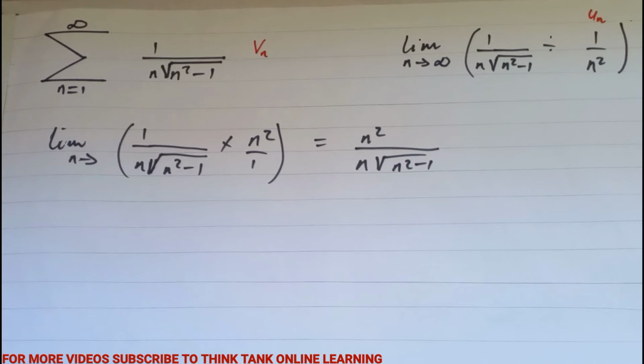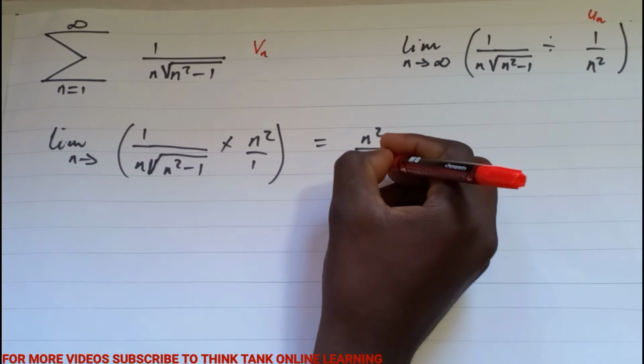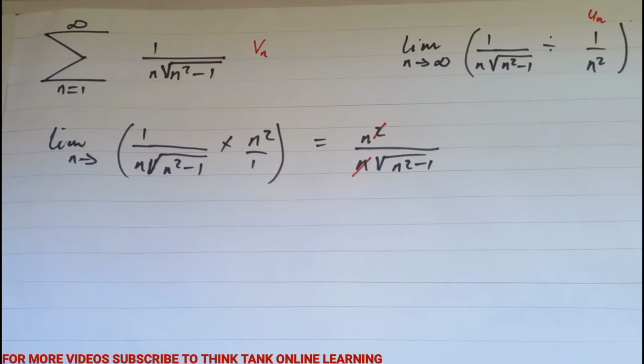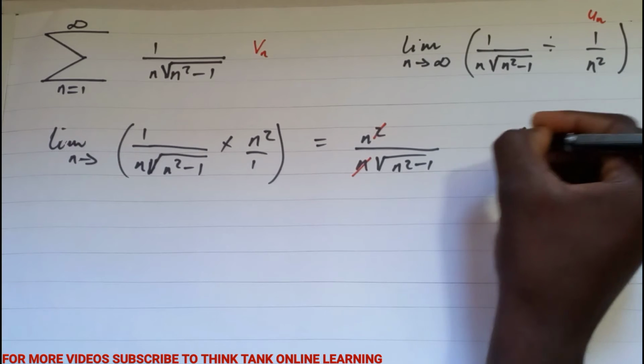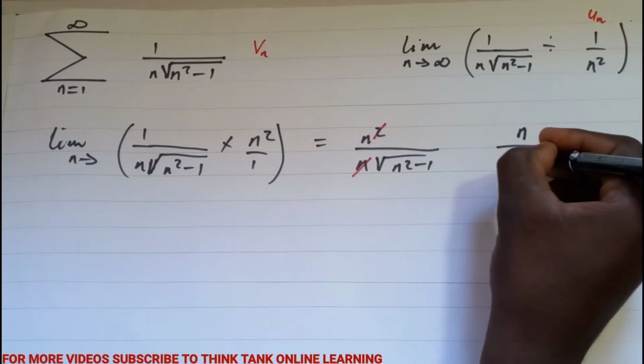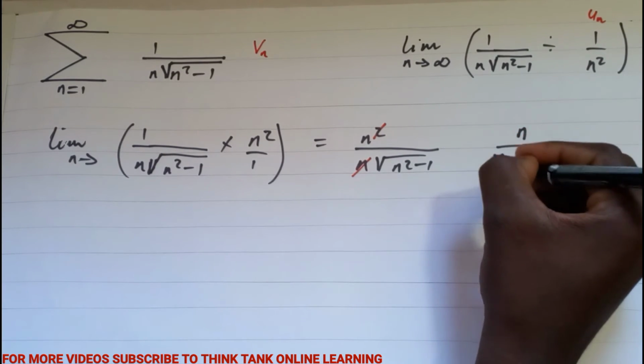I can say n into n squared and I get n, so that means I now have n over n squared minus 1.